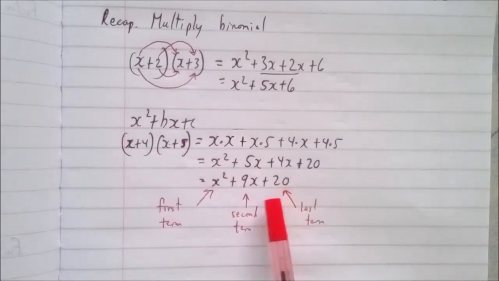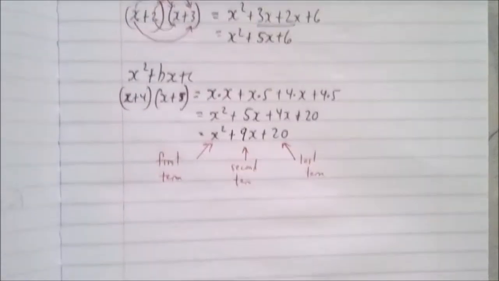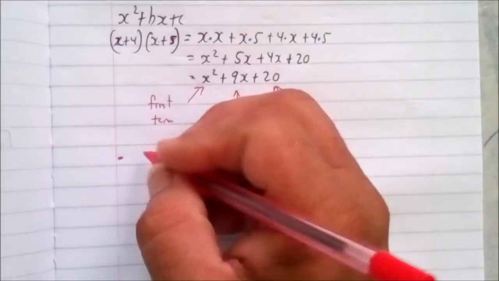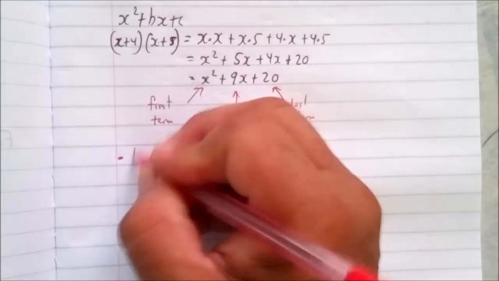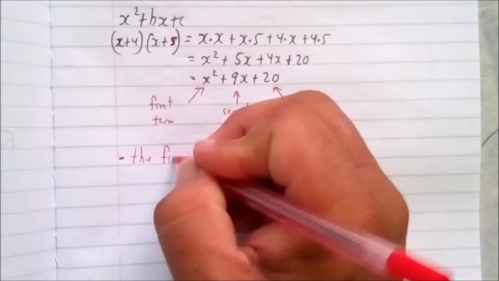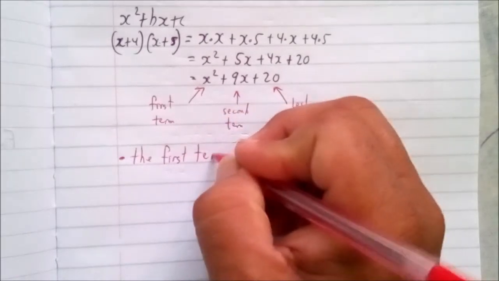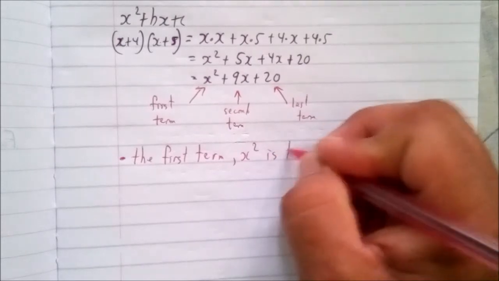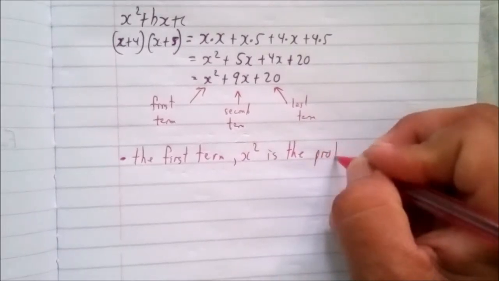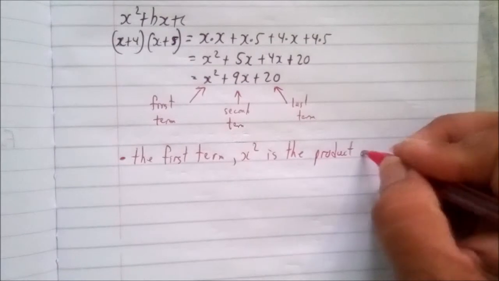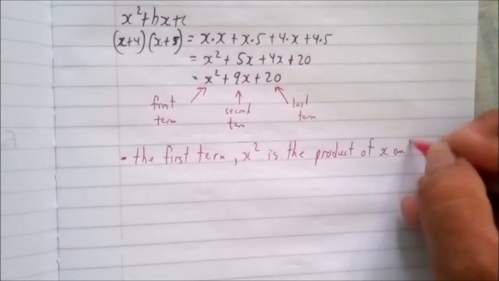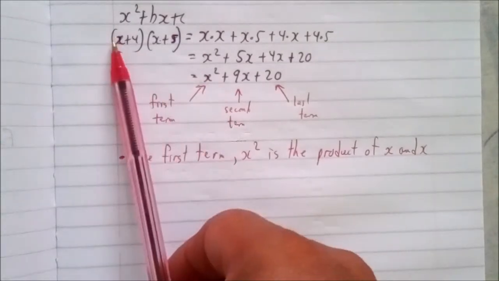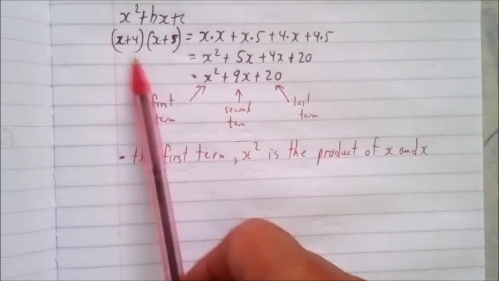So we can see from this, and these are 3 pointers that need to be observed here. The first term, which is x squared, is the product of x and x. Notice that this first term is a product of this x times this x, the first 2 terms.